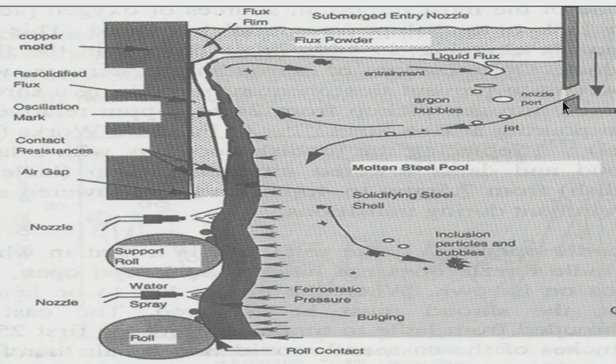Again, modeling can determine the optimum level of submergence, and the orientation of these ports, whether horizontal, downwards or upwards. All these have implications for the flow and turbulence of the liquid steel in the mold. So, modeling plays a big role here in deciding the configuration of the exit port.